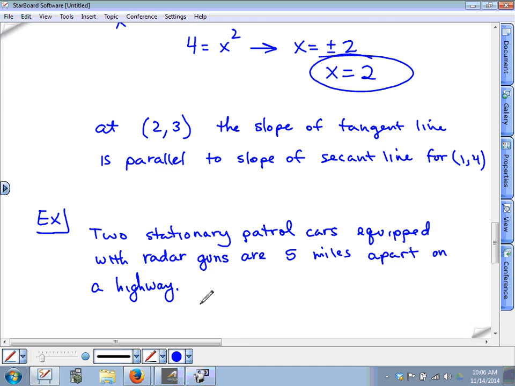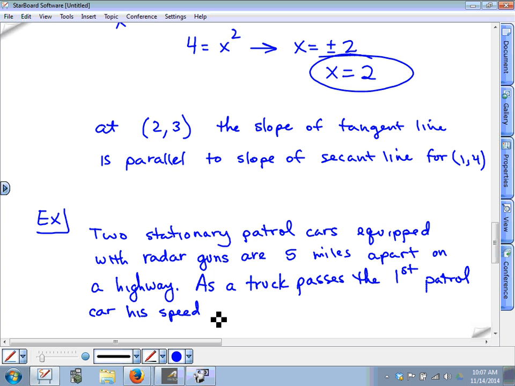So you guys visualize the situation here? As a truck passes the first patrol car, his speed is clocked at 55 mph.